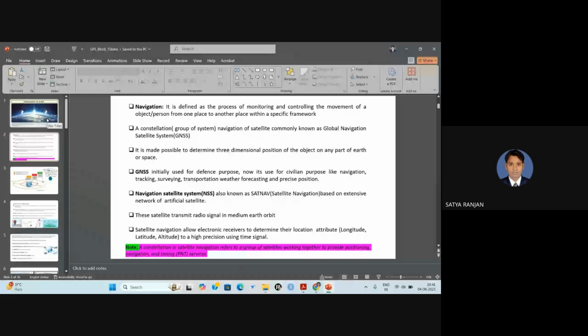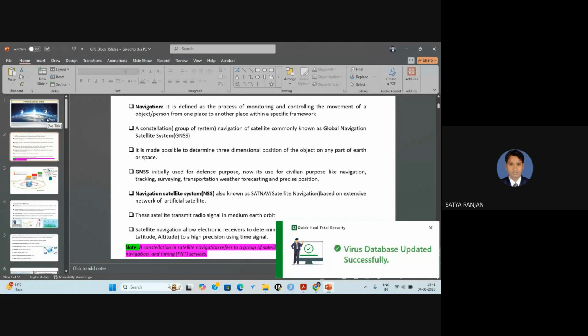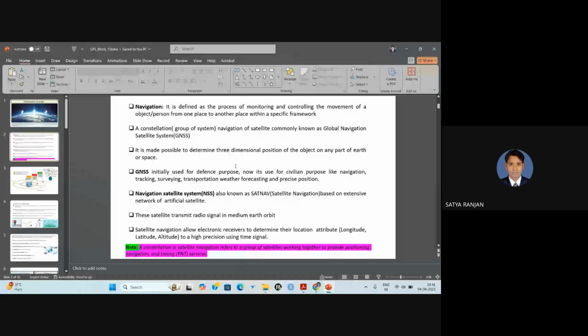Some satellites, GPS satellites are there. Their coverage of regional navigation satellite system area and determine the three-dimensional position, means it determines the latitude, longitude, and altitude. That means x coordinate, y coordinate, and z coordinate. So there are three coordinates that can be determined by the GPS system.